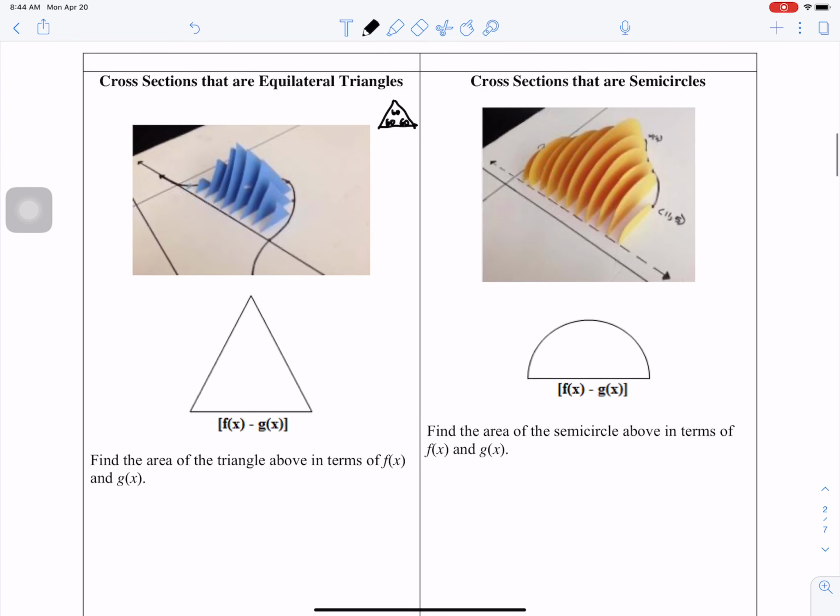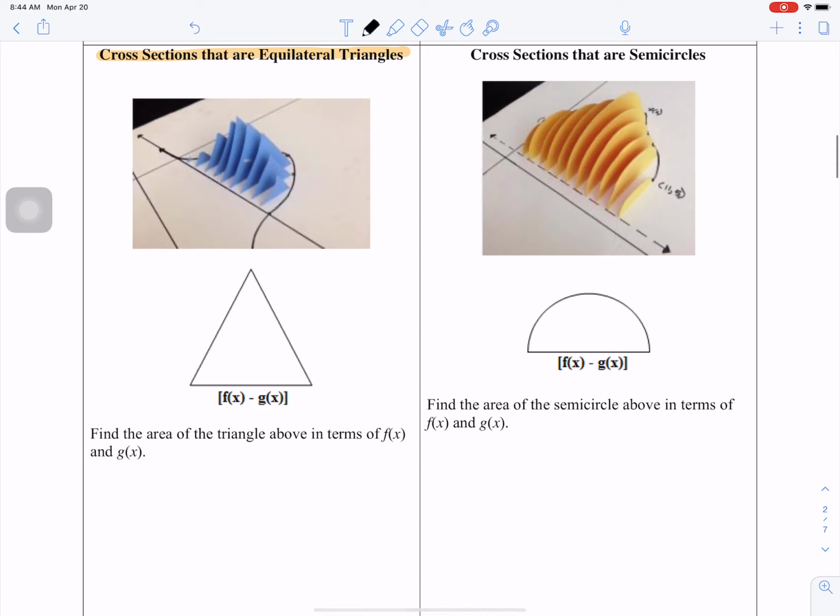Okay, now what happens if the cross sections were equilateral triangles? We have to remember that on an equilateral triangle, each angle is 60 degrees.